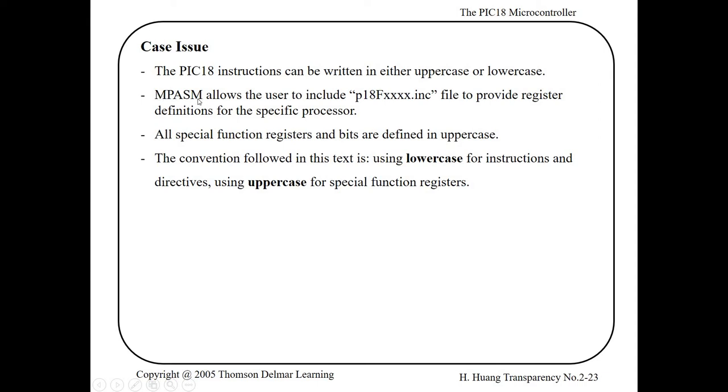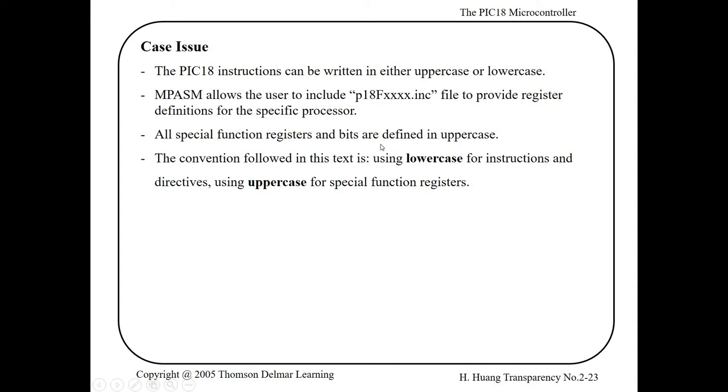So MPASM, this is actually the assembler file, allows the user to include the .inc file to provide register definitions for the specific processor. As I mentioned earlier, this is the file that contains all the addresses of the special function registers.